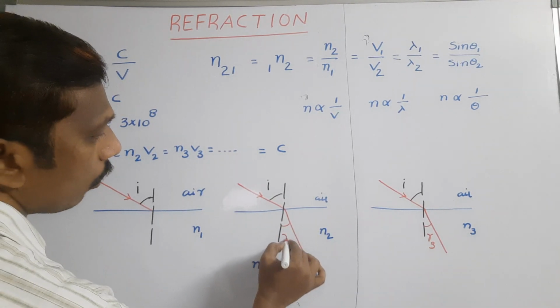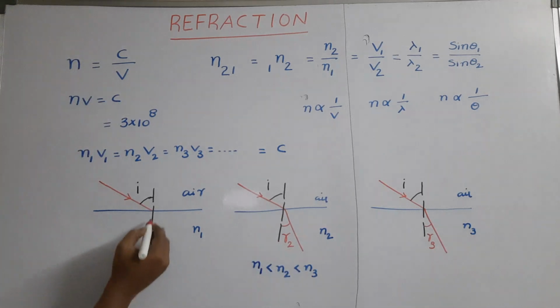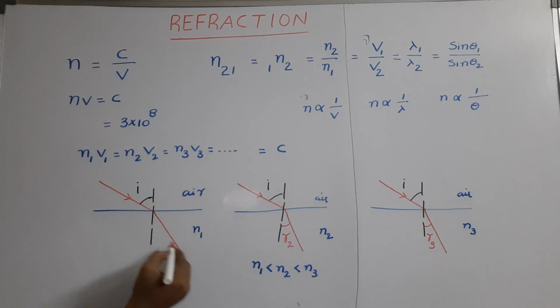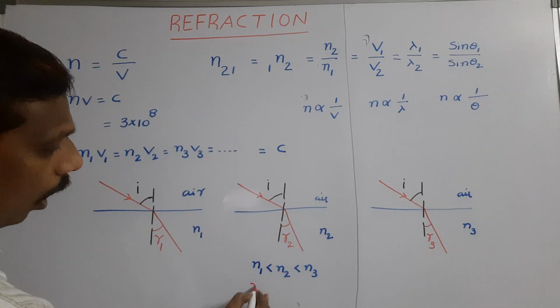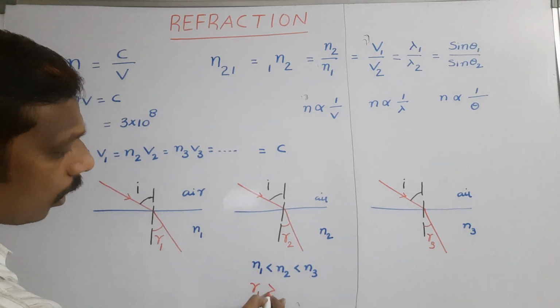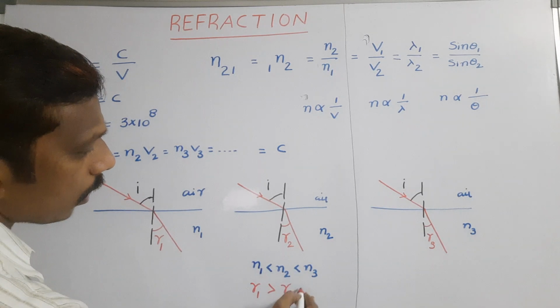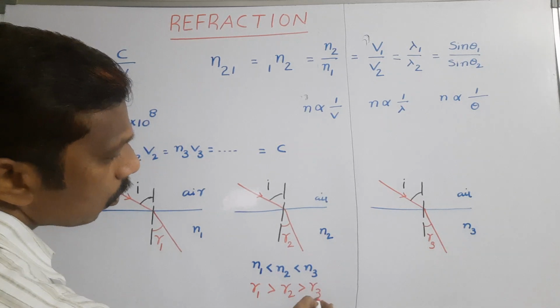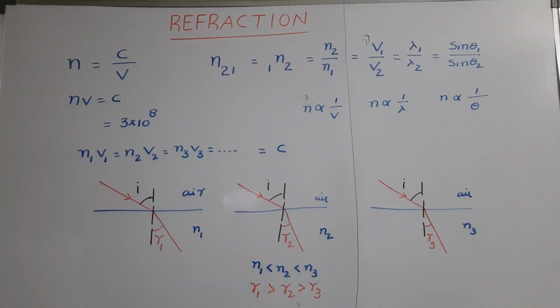And here the bending is very much less. This one is R1. So n1 is less than n2 is less than n3, but the angle of refraction R1 is greater than R2, and R2 is greater than R3. So refractive index more means it will bend more. Refractive index value less means it will bend less.